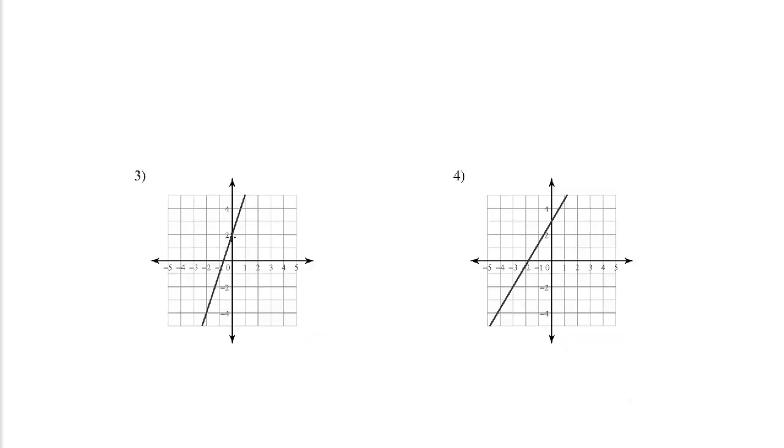Number 3, our y-intercept is plus 2. And we're not exactly going through -1 there, so be careful. It looks like the next point that lies on the corner of a grid is y minus 4, x negative 2, which means we're going down 6 to go left 2.